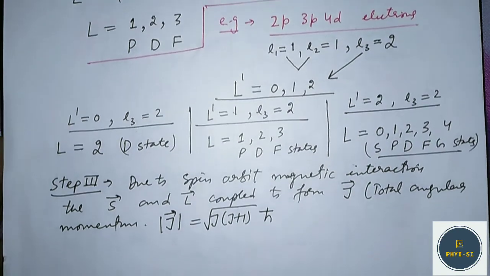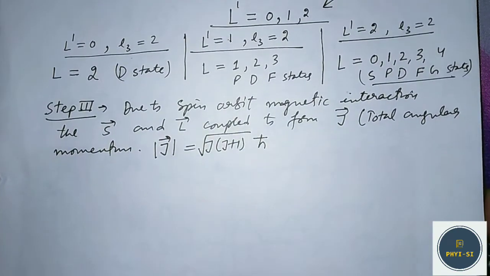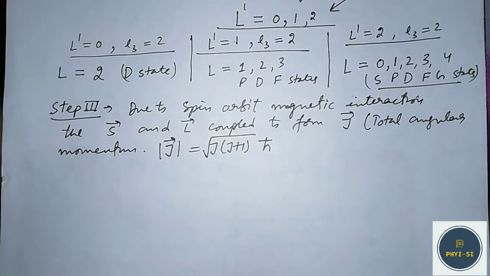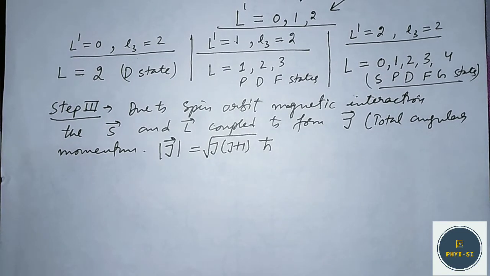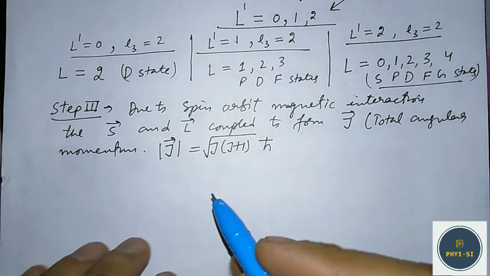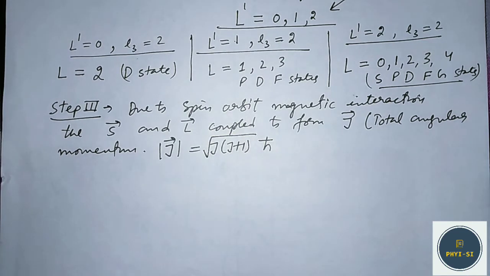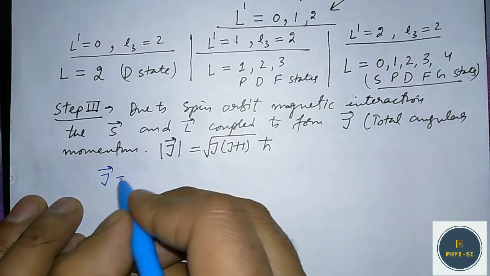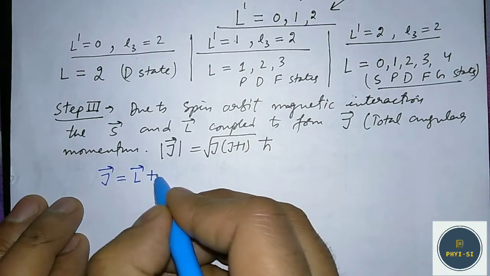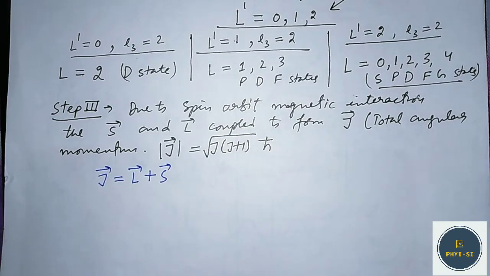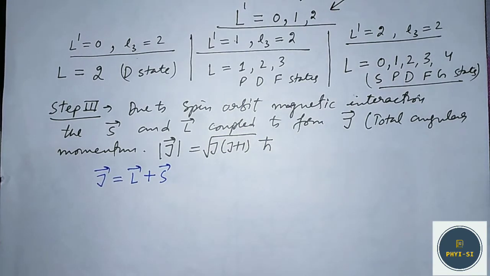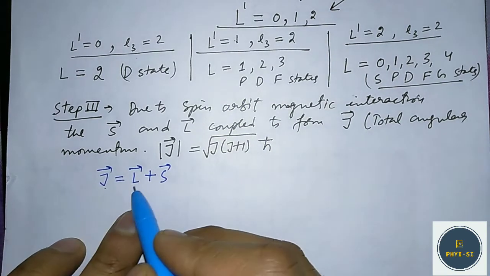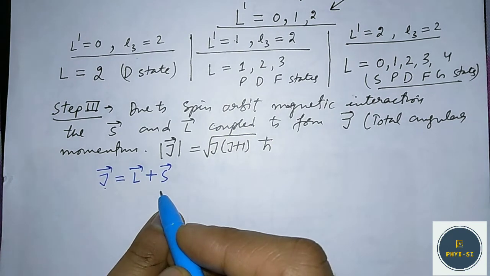Now in step 3, we'll have J equal to L plus S. The magnitudes of J, L, and S remain constant, and the magnitude of J is given by this.